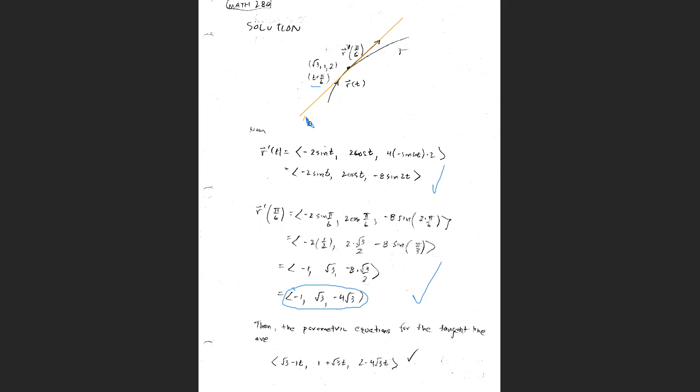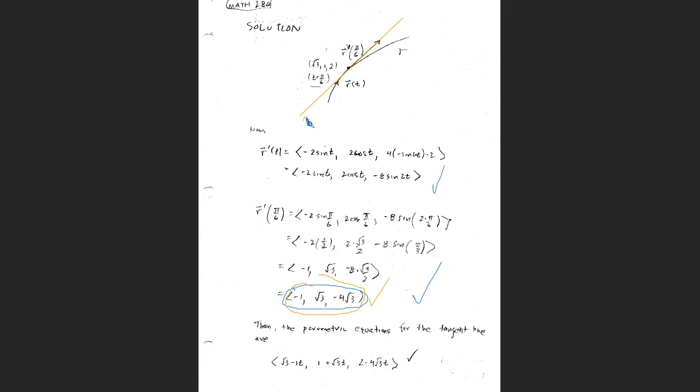So parametric equations, well, all right, I know what direction. I know that the direction of the tangent line is given by the components of my derivative vector. And so these are the components of the derivative vector.